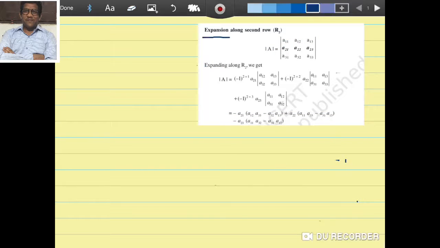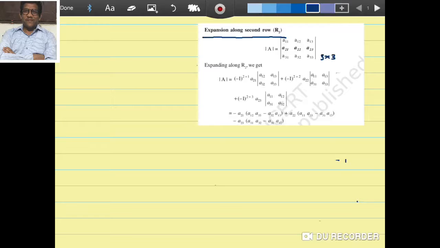Expansion along second row, that is R2. Let determinant A be given by A11, A12, A13, A21, A22, A23, A31, A32 and A33. It is 3 cross 3.